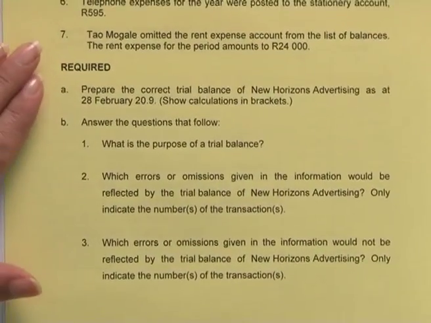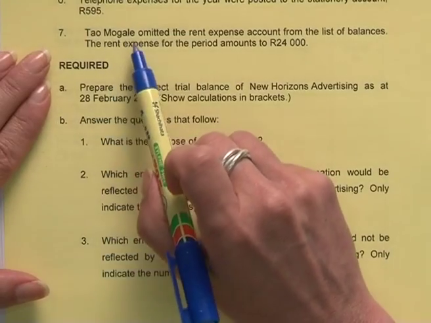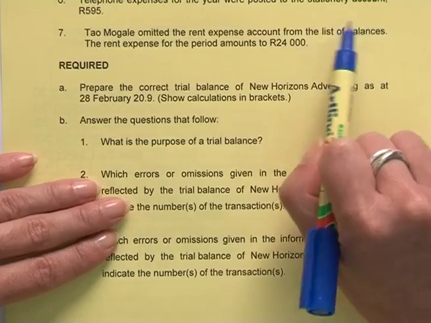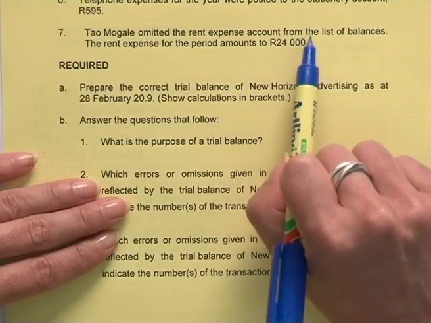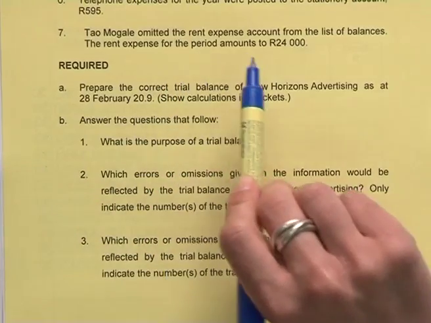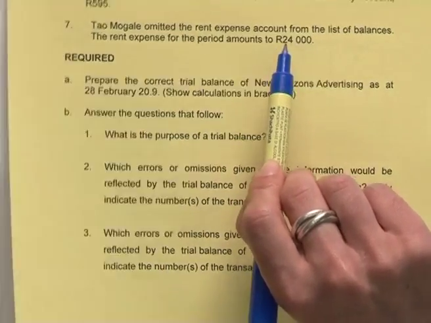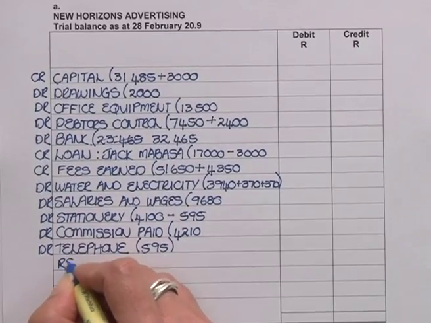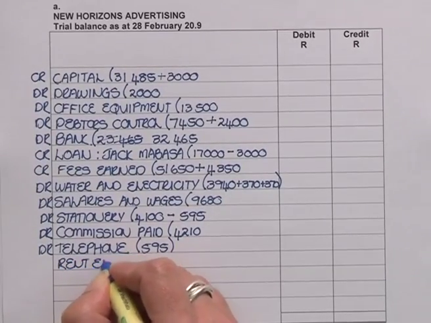Our last transaction, number 7. Tau Mugali omitted the rent expense account from the list of balances. Remember, we used the general ledger to compile a list of balances. This was just omitted, and the rent expense for the period amounts to 24,000. So I'm going to again add at the bottom my rent expense.